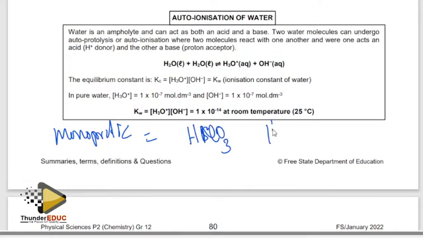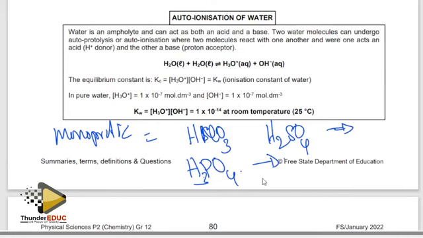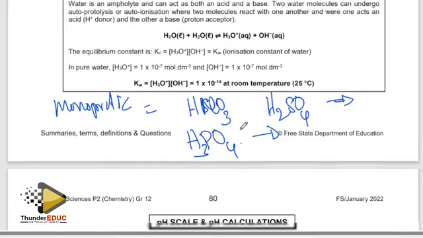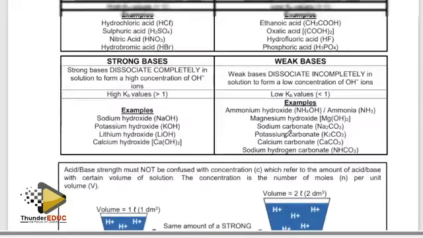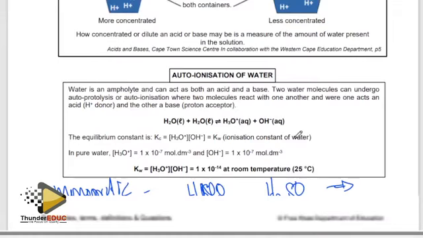A diprotic acid is an acid which can produce two hydrogen ions when dissolved in water. And a triprotic acid is the one which can produce three of them. So basically this is a triprotic acid because it can ionize three times. And when these acids ionize, they can act as a base and an acid at the same time. Is it clear? Yes. So please don't go to the paper without knowing that also.